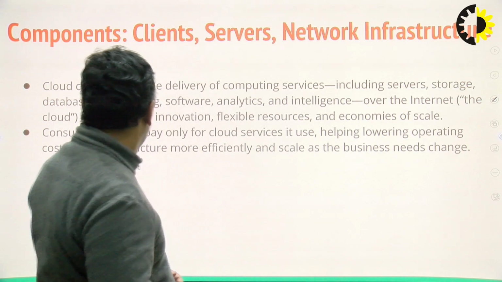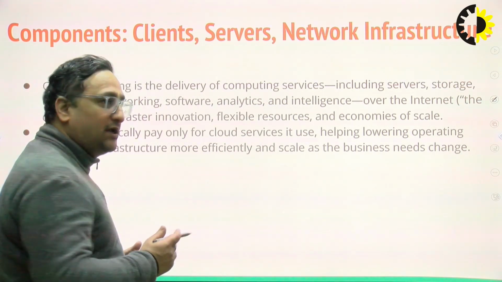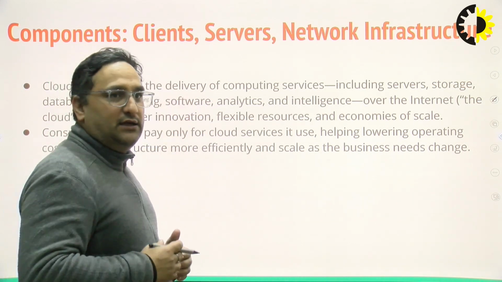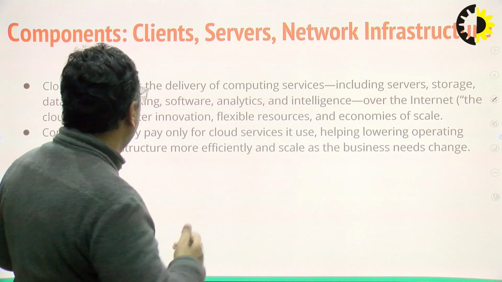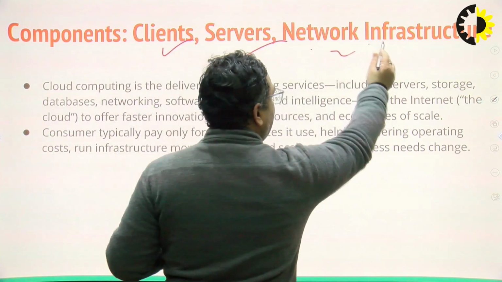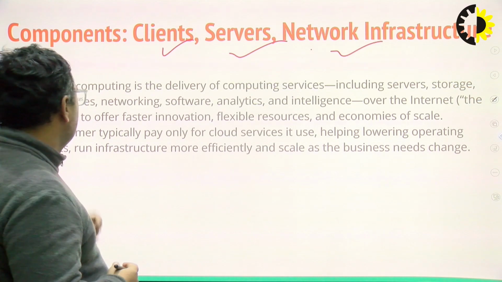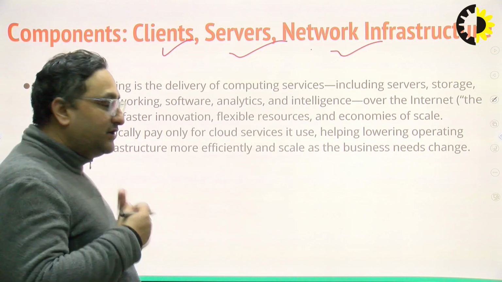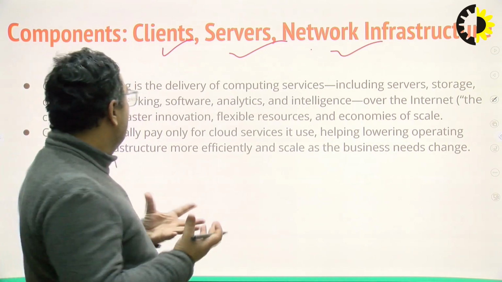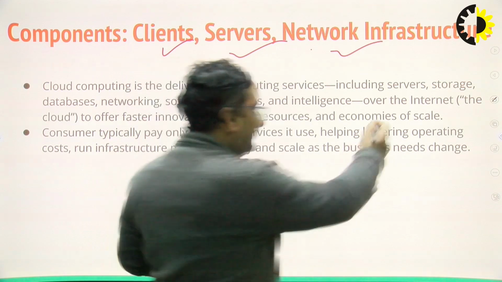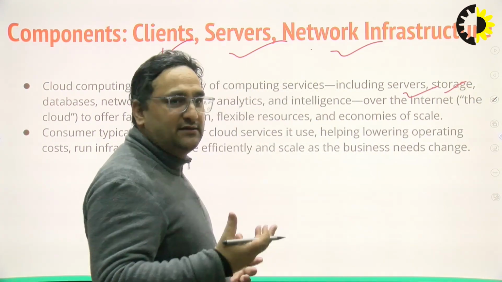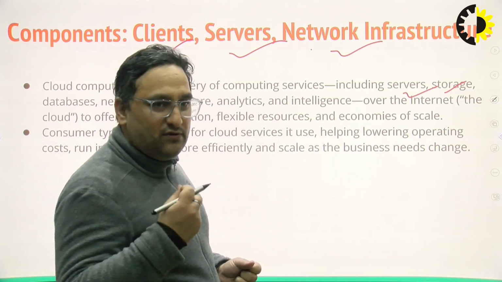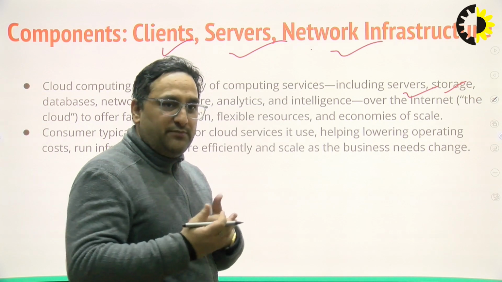Now, moving next, what are the components at the higher level? The 10,000 feet explanation of cloud computing: the clients, server, and the network infrastructure, right? So, cloud computing is delivery of computing services, like servers, storage. For computing anything, you are doing any computation. Let's suppose for an example, I take an example of adding two numbers. It's also a compute, right?